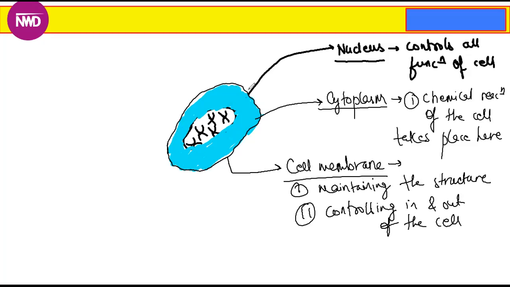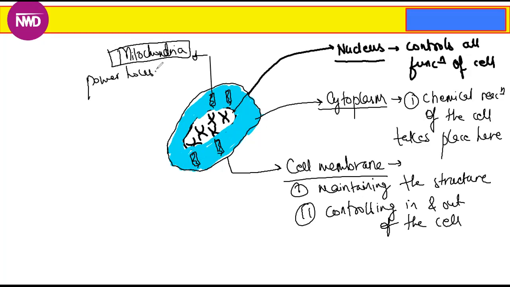And the last but not the least, the most important stuff we have seen is a structure like this, which is present inside the animal cell. And this structure is known as mitochondria. What is mitochondria? Mitochondria is known as the powerhouse of the cell. Correct? Why is it known as the powerhouse of the cell?